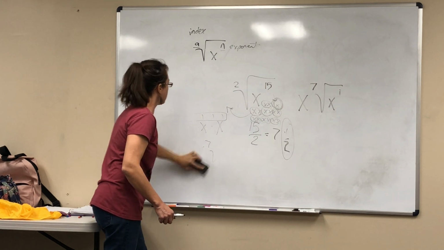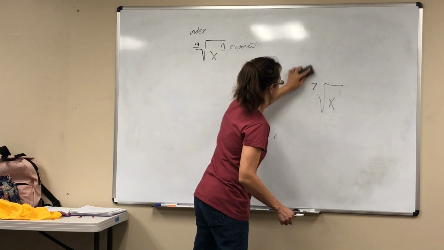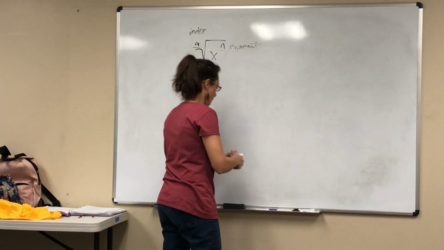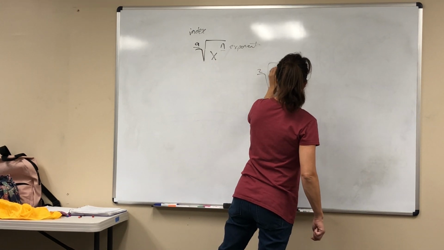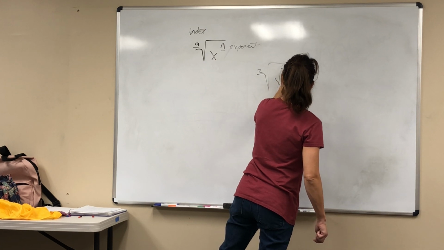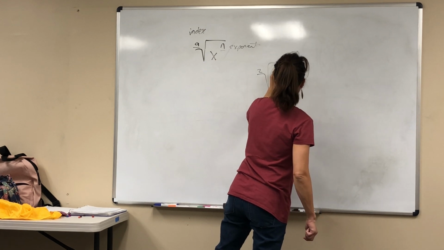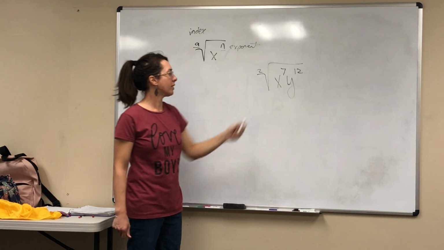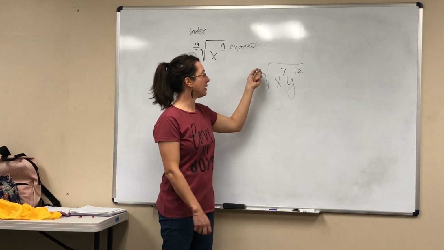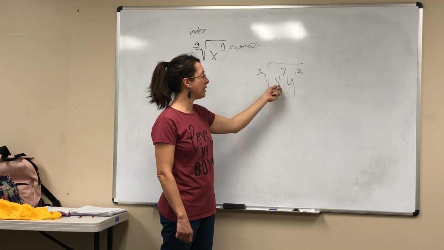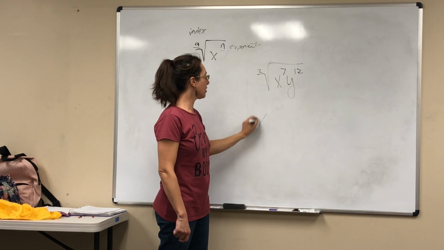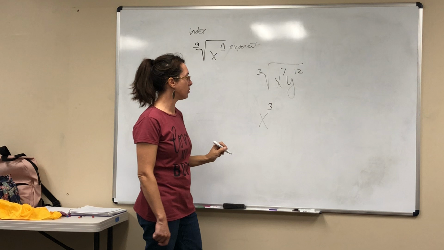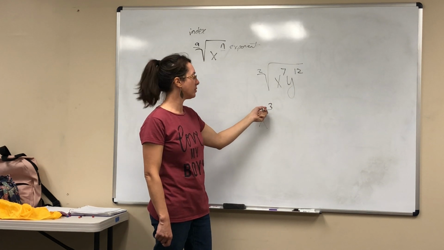Okay, let's work another one. Square root of x to the 7th, y to the 12th. I need groups of 2. How many groups of 2 can I get out of x to the 7th? 3. So that's x cubed.